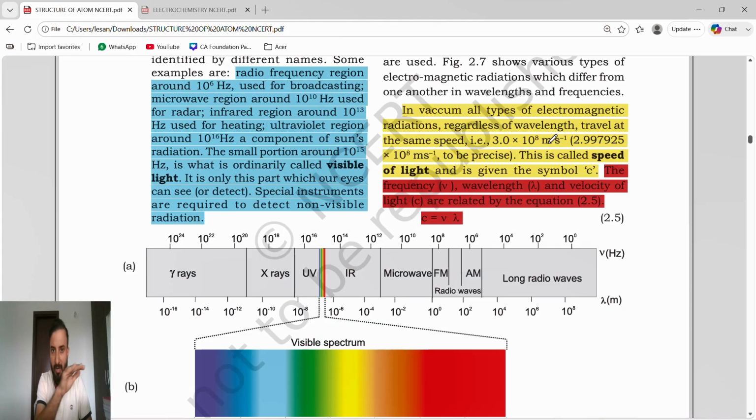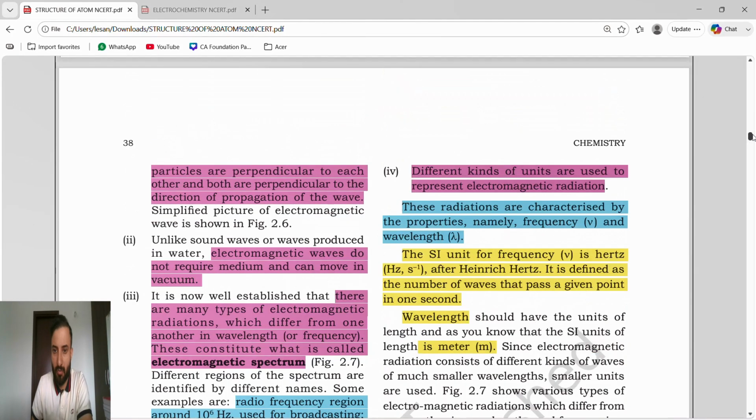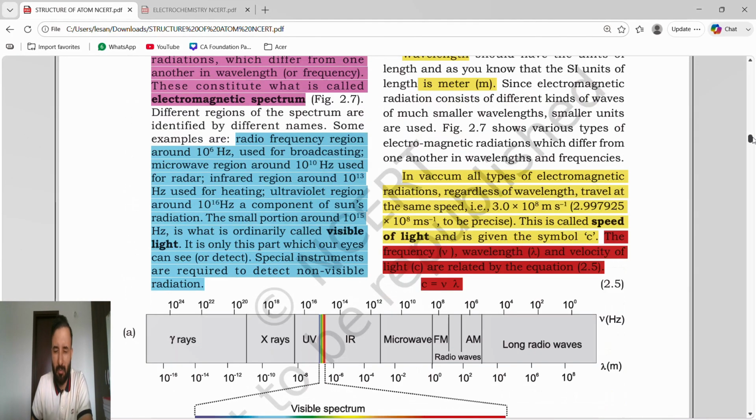So what is the speed of electromagnetic radiation? We take the speed of light, 3 into 10 to the power of 8 meter per second. If in the examination they ask the speed of electromagnetic radiation or electromagnetic wave, directly write 3 into 10 to the power of 8 meter per second, which is equal to the speed of light.